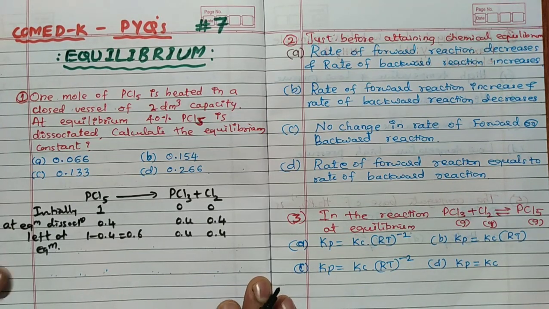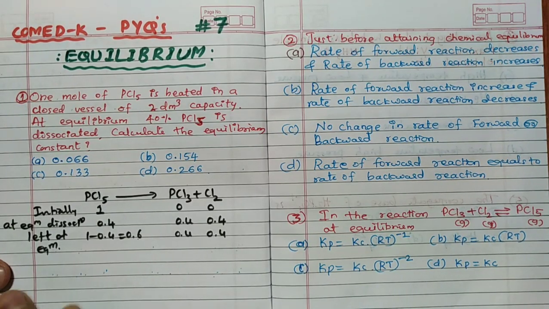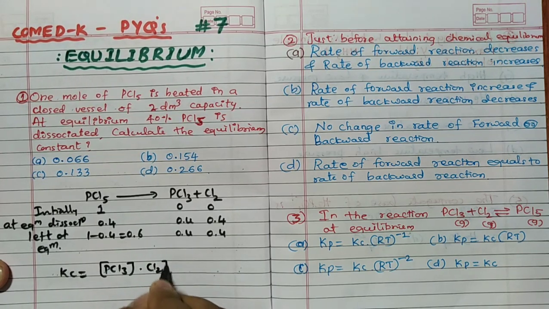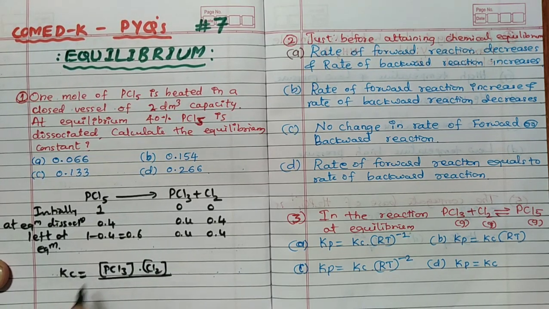Correct? Now remember, we need to calculate the equilibrium constant. So at equilibrium, you have to write the Kc expression. How will you write the Kc expression? Product concentration, PCl3 into Cl2, divided by reactant concentration, PCl5. In the closed vessel you have given.